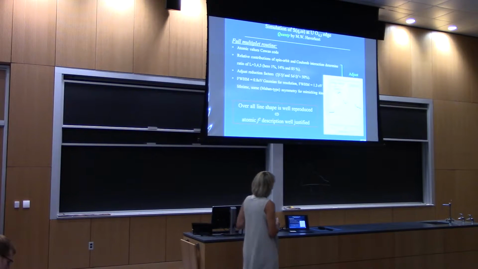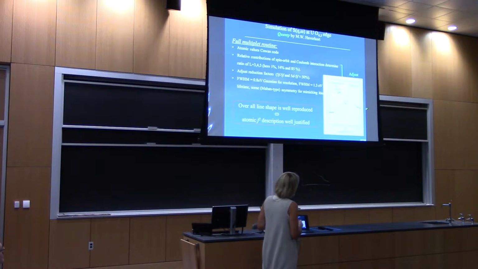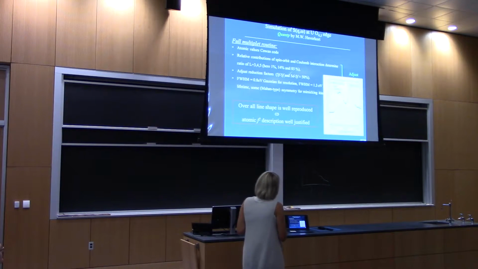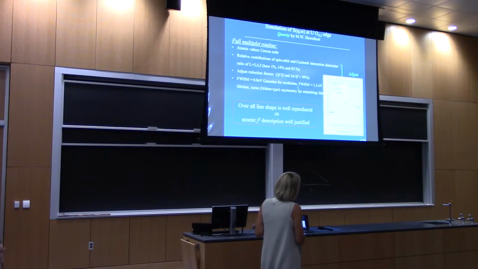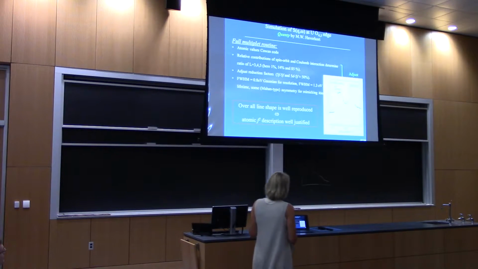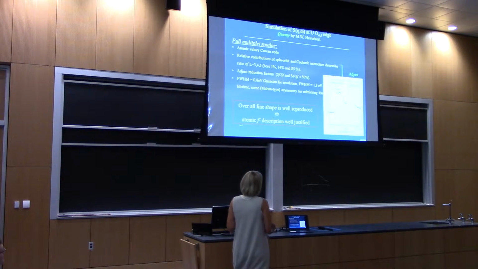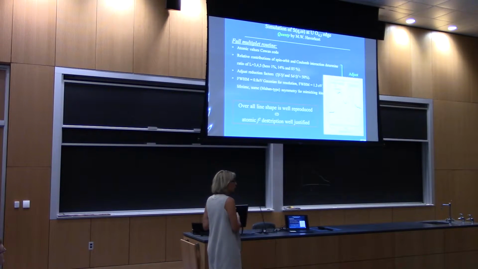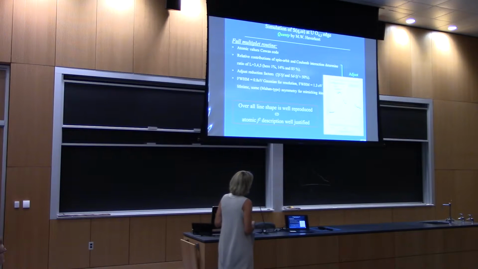But then Maurits Haverkort gave us specific instructions what to measure, so this is the measured isotropic spectrum. And in the simulation, we simply sum up over all crystal field states. And then by doing these adjustments, we actually get a pretty good description of the line shape, which we think is a rather good justification for starting with an F2 configuration.